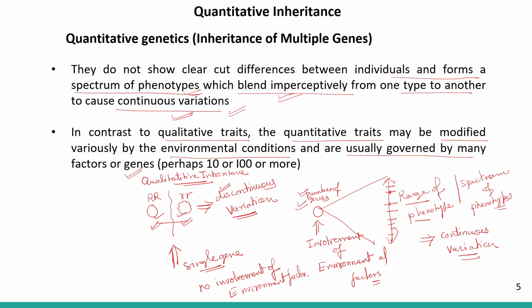There is no involvement of environmental factors in qualitative inheritance, but in quantitative inheritance there is, as we can see in the case of skin color, where environmental factors are responsible for the change. Next, qualitative inheritance shows discontinuous variation, whereas quantitative inheritance shows continuous variation.